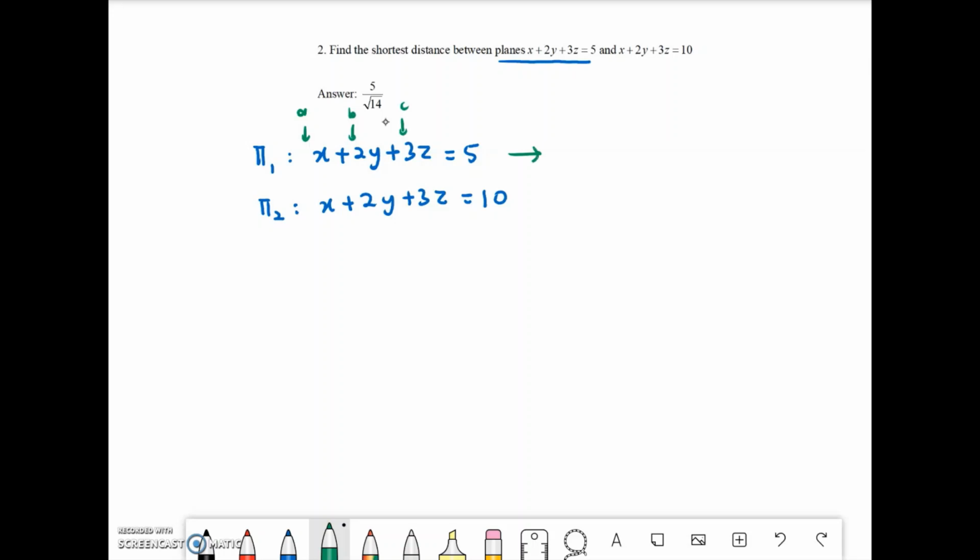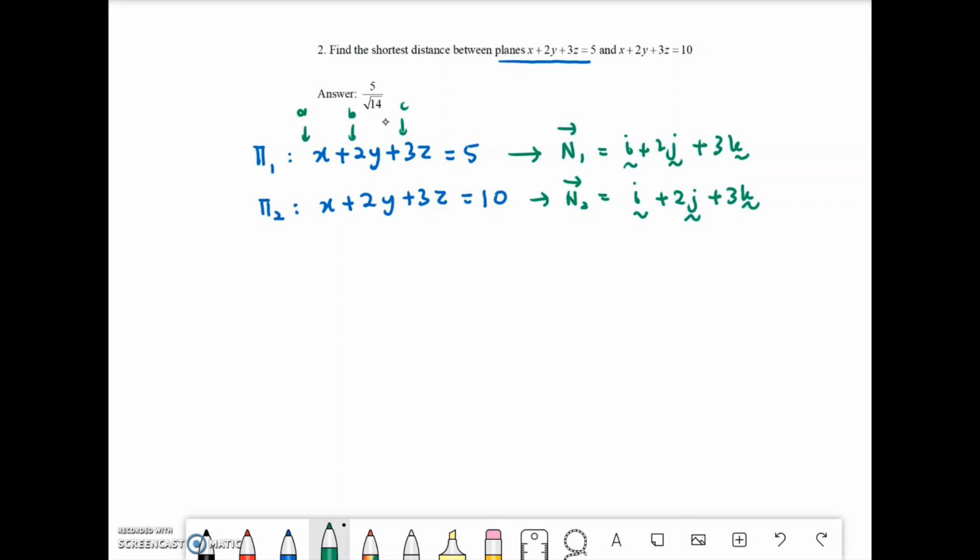So the normal vector for the first plane is i plus 2j plus 3k. And the same goes for plane 2, where the normal vector is also i plus 2j plus 3k.